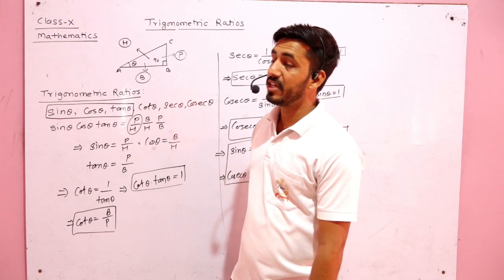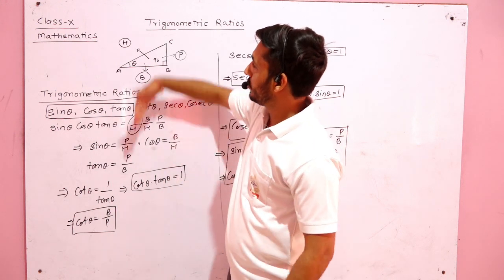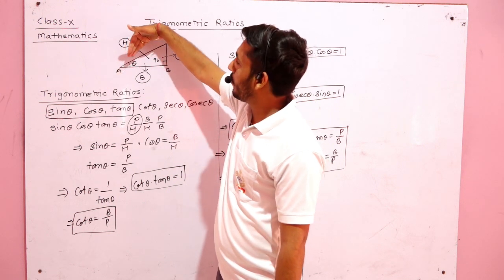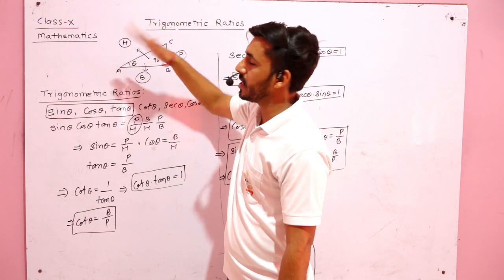And 0 degree angle, it means this side is the hypotenuse. In the condition of 0 degree, hypotenuse will tend to AB.